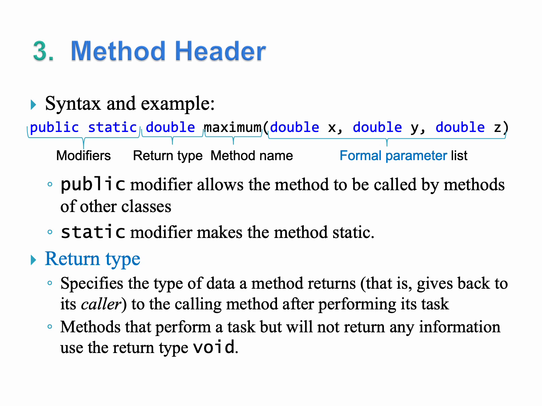The general syntax of a method header starts with modifiers, then return type, then the method name, and finally the formal parameter list in parentheses. The formal parameters are separated by commas if there is more than one parameter.